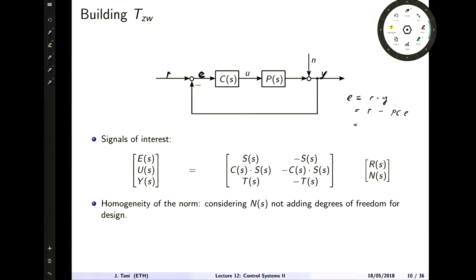So we can say that the identity matrix plus PC times E is R, and so E is equal to I plus PC inverted R. And of course, remember that this one here is the sensitivity S of s. I think that's still clear.